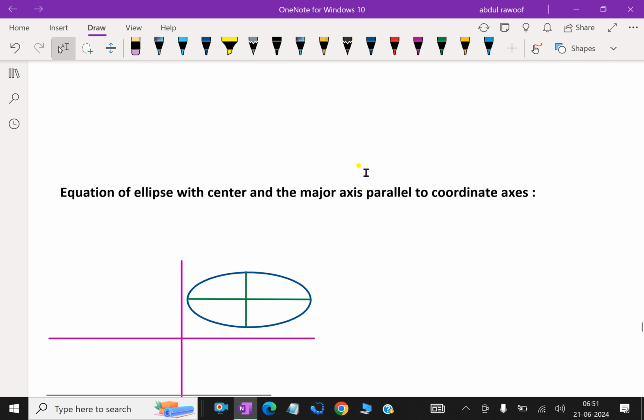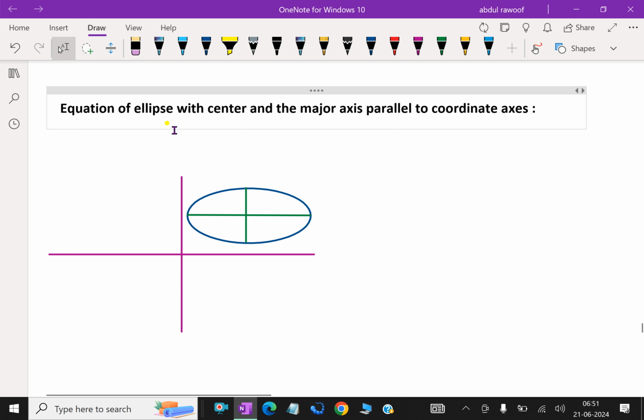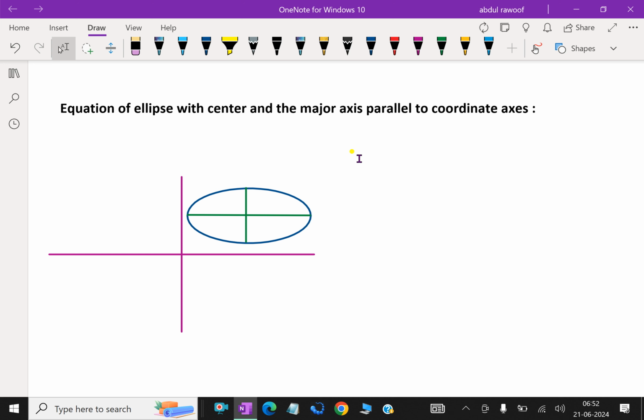Next, the equation of an ellipse with center and major axis parallel to the coordinate axis. First, we'll talk about the ellipse.